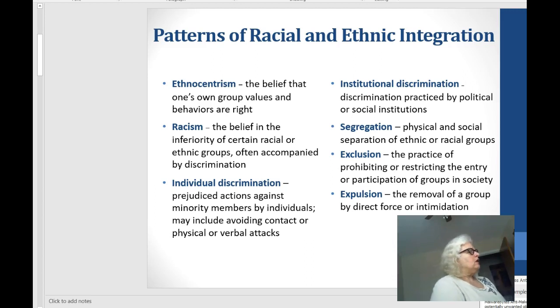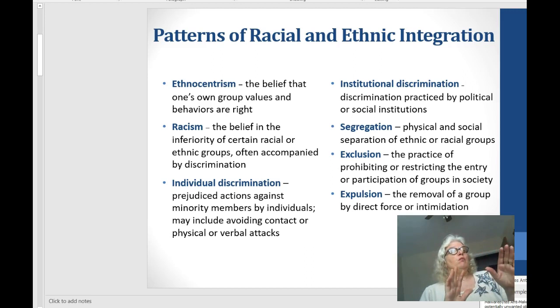We often have a belief, and here in sociology, we're asking you to use the sociological imagination. And in that, it makes us examine our own beliefs of when groups or values or behavior are right. That ethnocentric belief that what we have is correct.